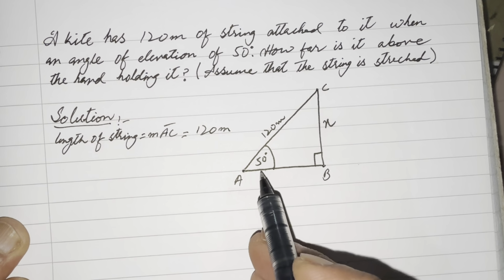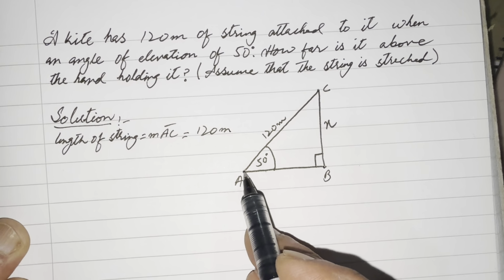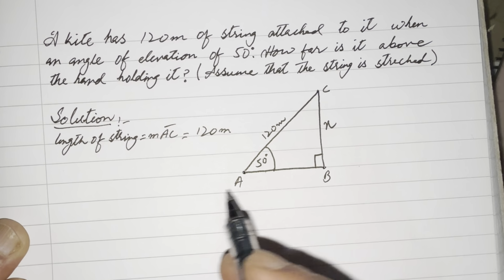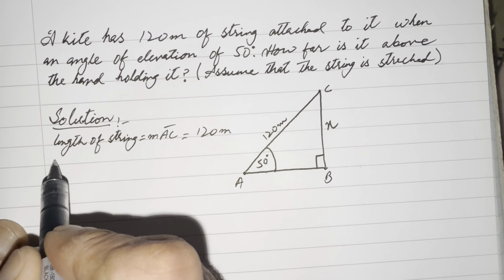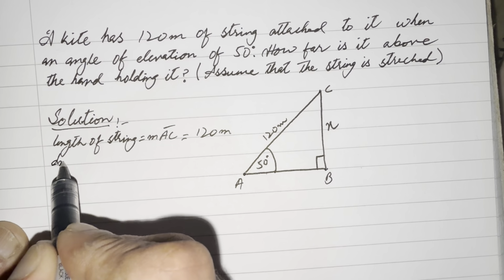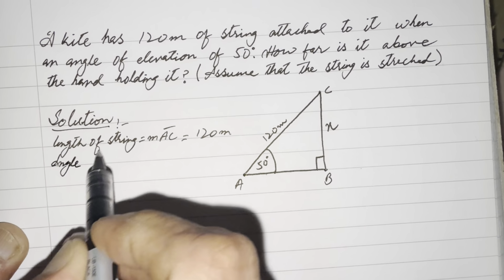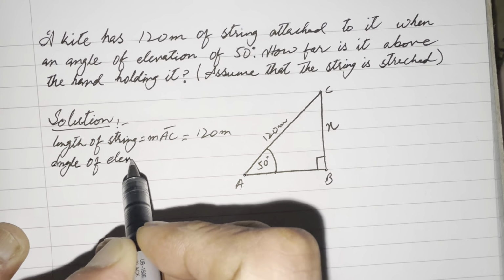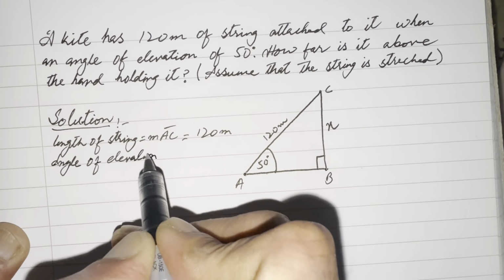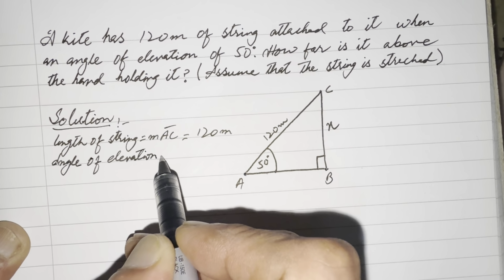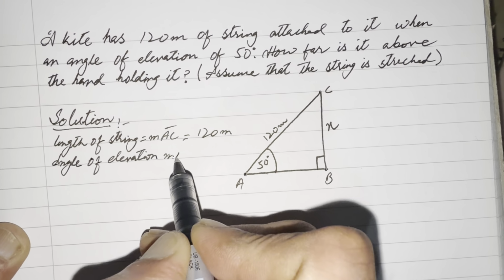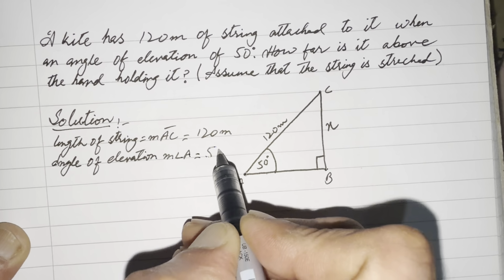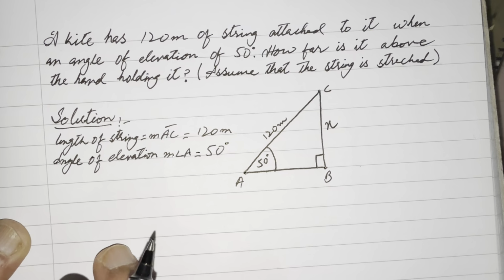The second thing, the angle of elevation, which is made at the point A: the measure of angle A is equal to 50 degrees.